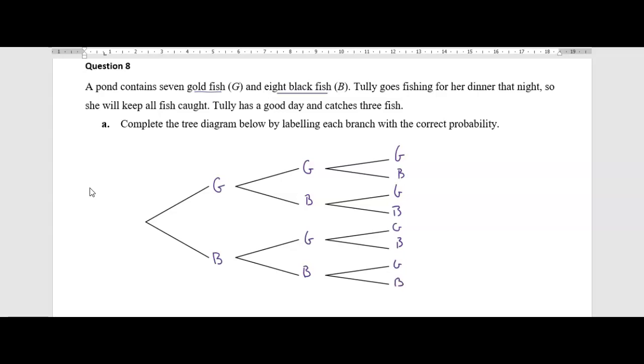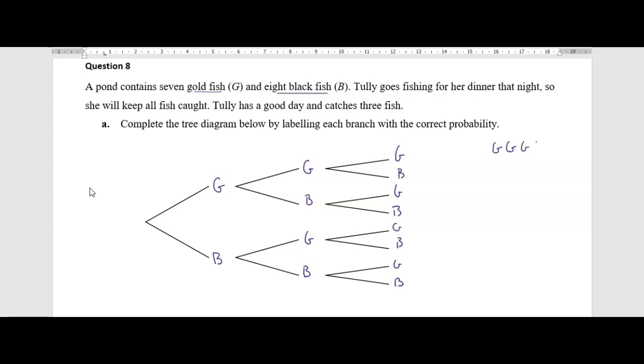Now she's catching 3 fish, or she does catch 3 fish. They're 3 different fish. You can't catch the same fish more than once. So this is without replacement. So when you're doing your probabilities, just make sure you take into consideration if there's a reduction in the number of fish. So just remember there's how many goldfish? 7 goldfish.